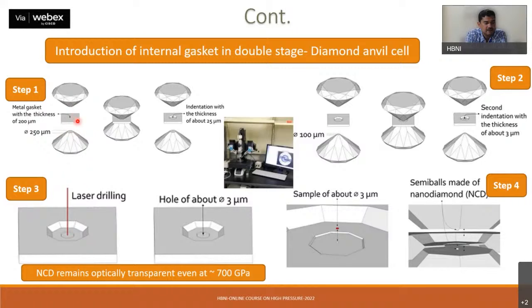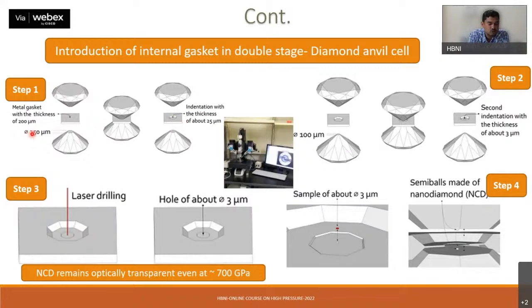So in the first step, they took a 250 micron culet and a gasket with an initial thickness of 200 micron, and indented it so that the thickness of the indented portion becomes 25 micron.